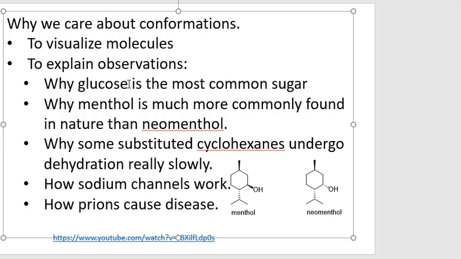So we'll see how conformation is important as we go on. And for now, you just want to add these ideas that molecules have different conformations, and some are more stable than others, and we're more likely to find the molecules in some conformations than others. You want to add that to your picture of molecules.